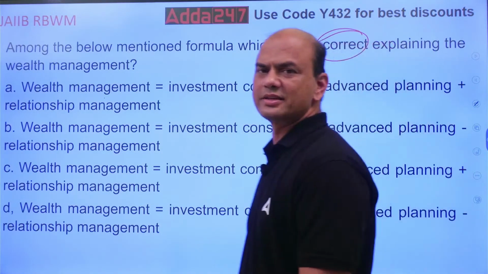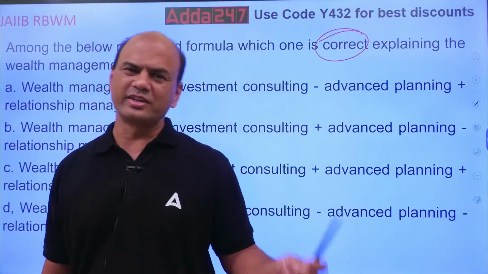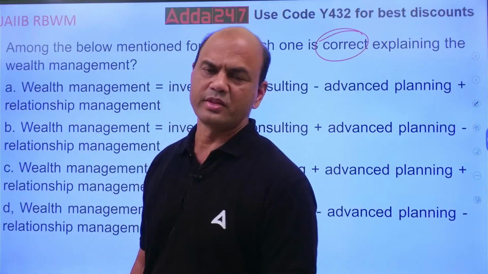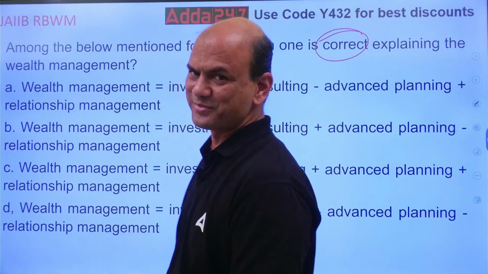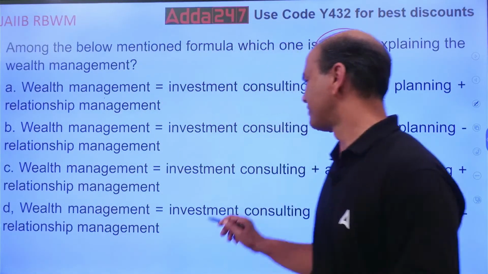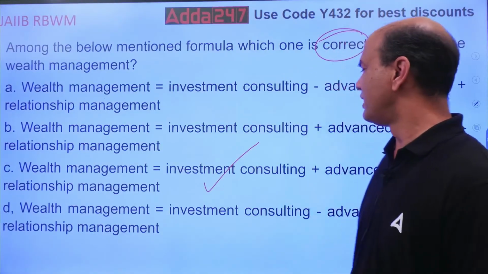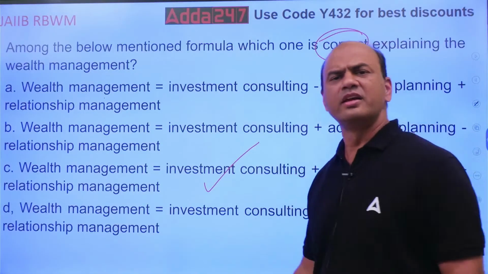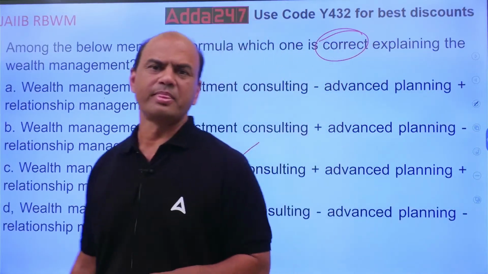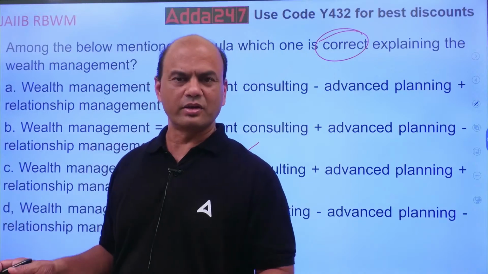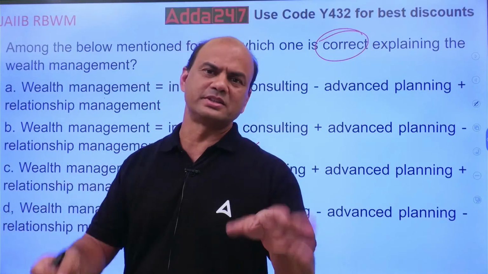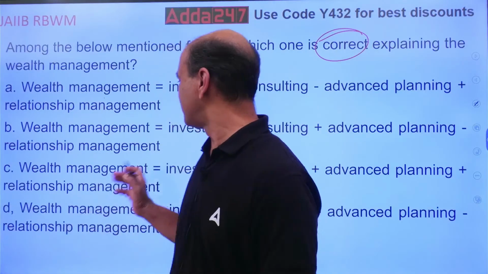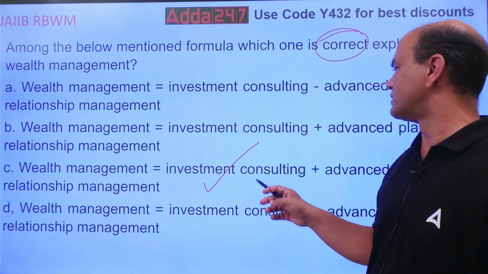So which is the correct answer in this? Although it's given in the form of a formula, after all it's a definition of wealth management. Investment consulting plus advanced planning plus relationship management. Everything is required. Whenever you are in business, not only wealth management, let it be any business. You require investment consulting.